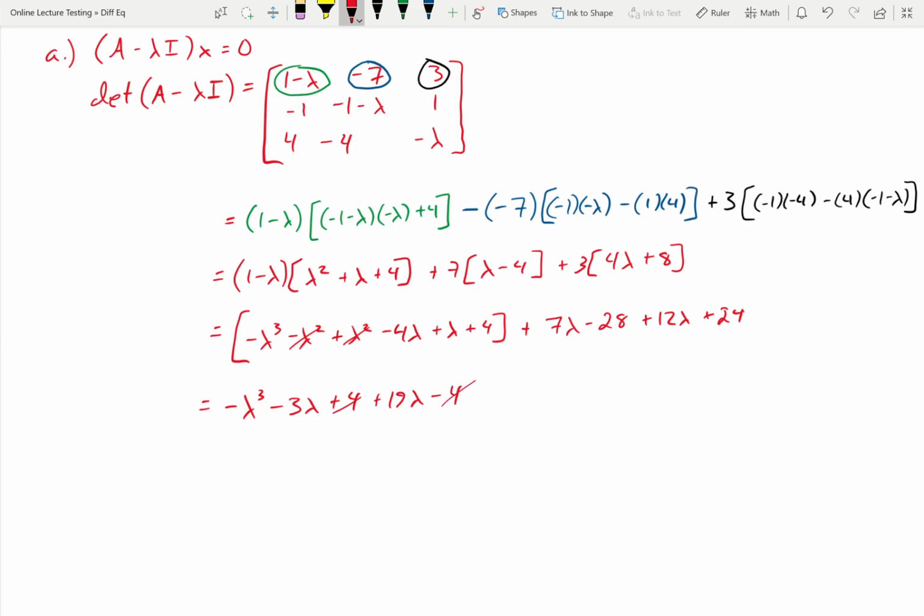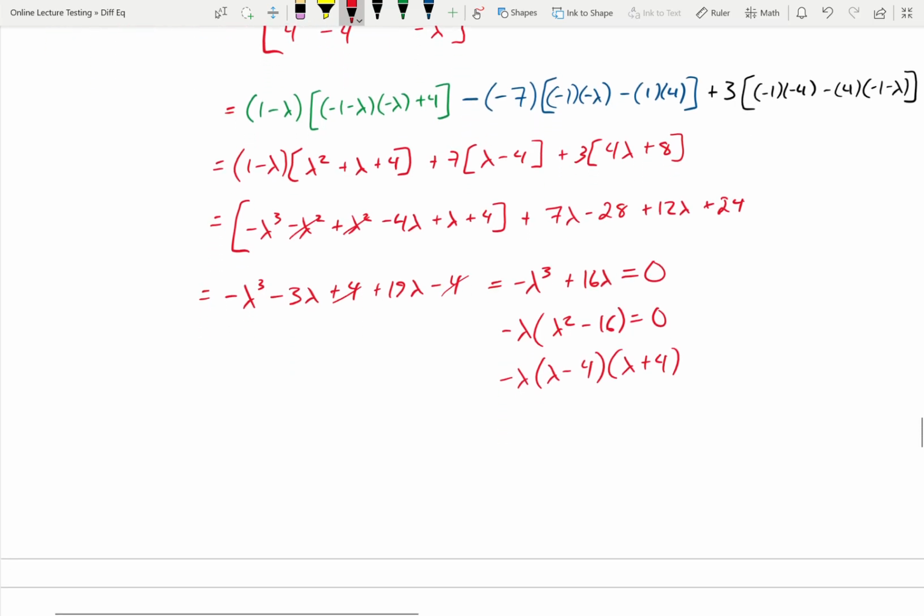The 4's cancel each other out, and we're left with negative lambda cubed plus 16 lambda, and we want this to equal 0. I'm going to factor out a negative lambda, leaving lambda squared minus 16 equal to 0. Therefore, we get lambda times lambda minus 4 times lambda plus 4.